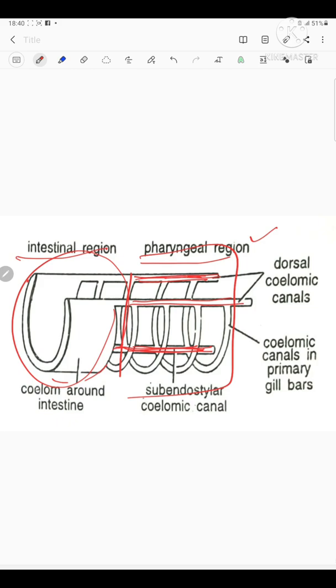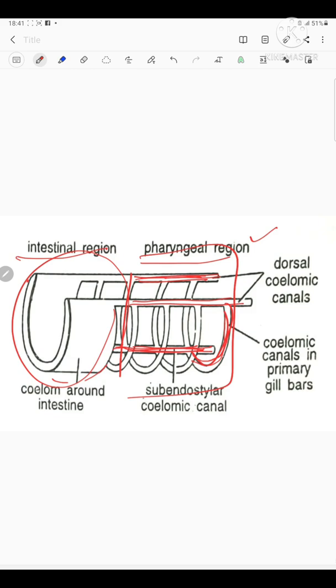These dorsal and subendostylar coelomic canals are linked with the help of a coelomic canal, that is the vertical coelomic canal. These vertical coelomic canals pass through the primary gill bars. In this way, the subendostylar coelomic canal is linked to either side of the dorsal coelomic canal with the help of coelomic canals present in the primary gill bar.